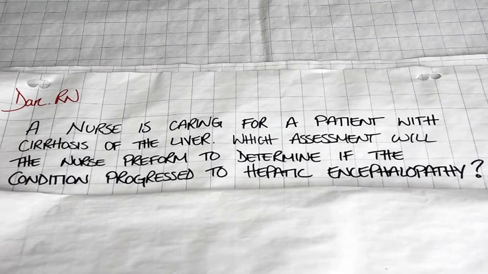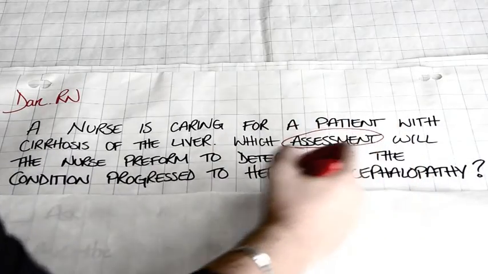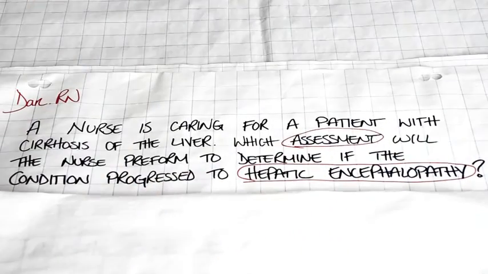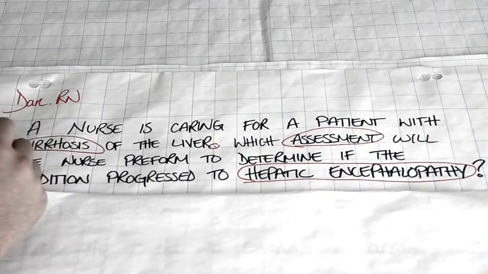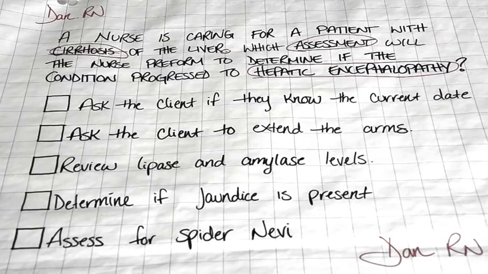Our key words are assessment and hepatic encephalopathy. So that's what we're going to focus on. This has nothing to do with cirrhosis of the liver. Again, I want to make sure you understand that you will not be able to answer these questions unless you have your core content and core knowledge under your belt.